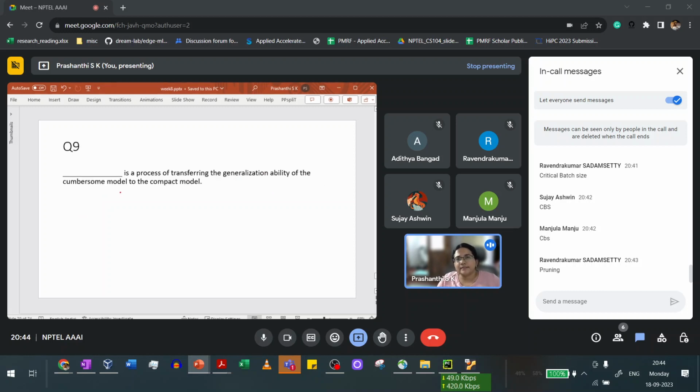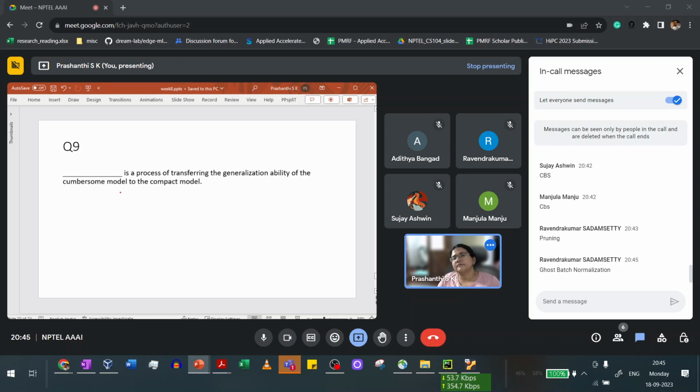Dash is a process of transferring the generalization ability of the cumbersome model to the compact model. It's worded a little differently, but hopefully you're able to remember. Any ideas? Ghost batch normalization.